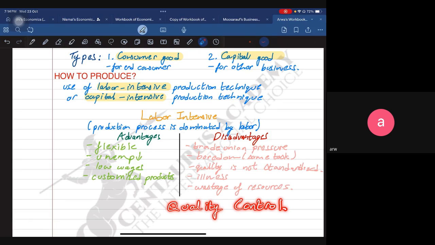And if you do that, you will not be able to have a good finished good. So what you do in that case is scrap the whole good that you have produced. So it's a lot of wastage of resources. That is something which you will not have in the capital intensive method, right? Yes, sir. Now, moving to the capital intensive.